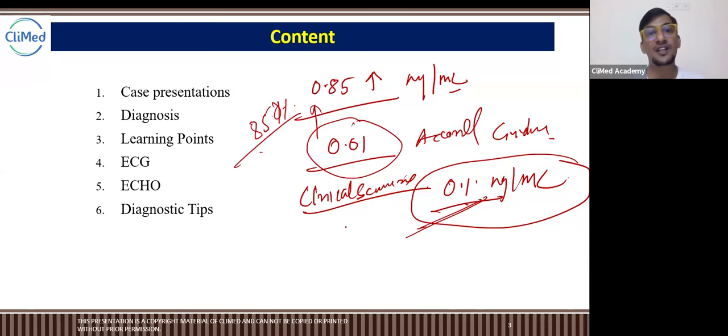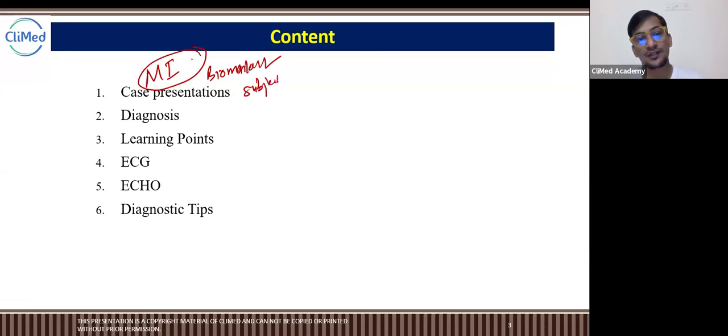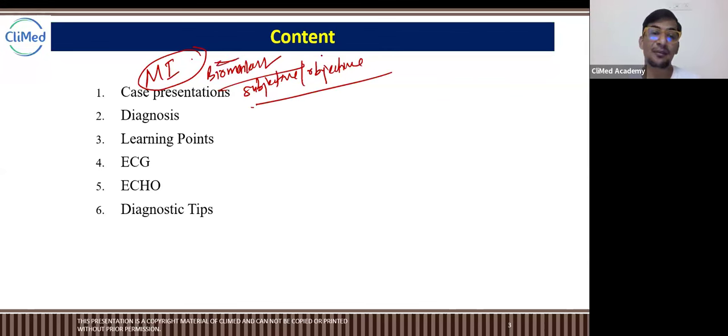So this case is confirmed to have myocardial infarction, with the biomarker, subjective and objective evidence, signs and symptoms and history and everything.